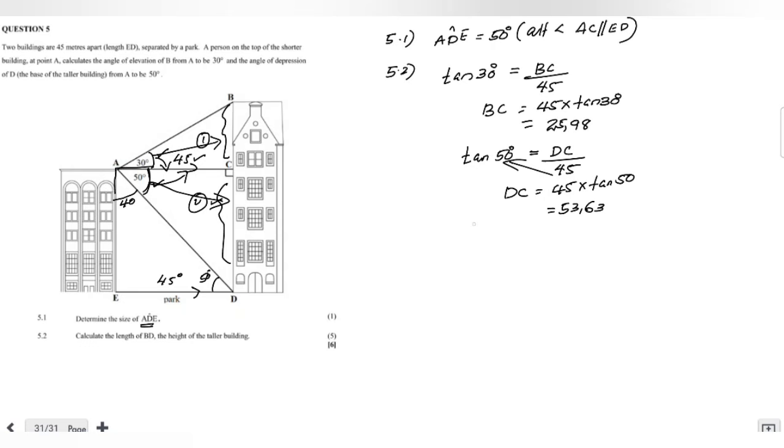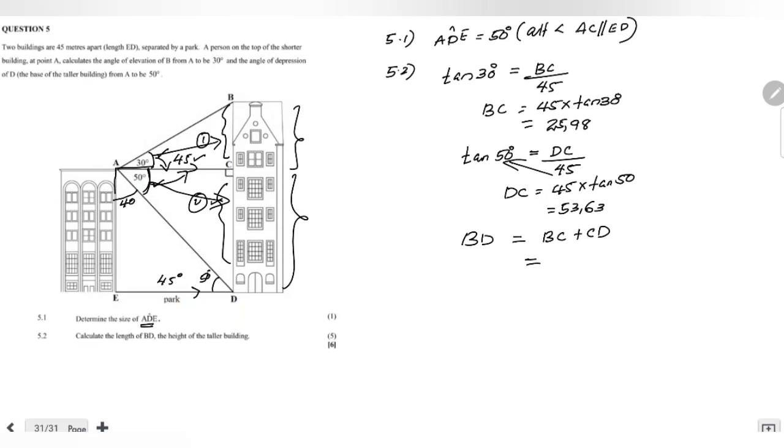Now I'm going to calculate BD. BD is the height of the taller one, isn't it? How do we get that? You can divide it into two, that is BC plus CD. Do you agree that from here to here is BC, and here to here is DC? When you add them, you will get the total height BD.